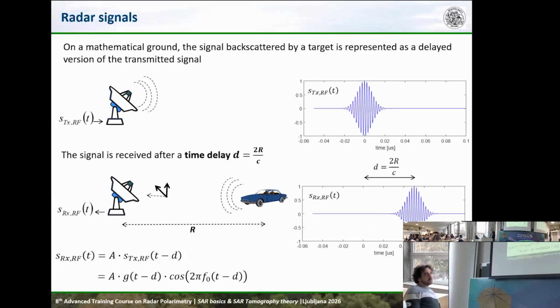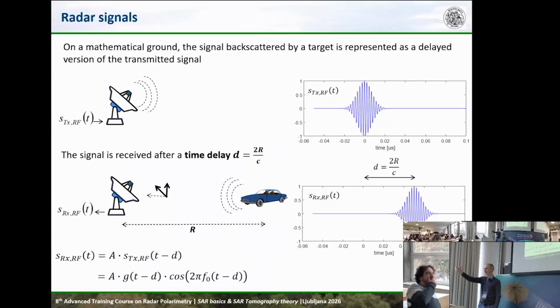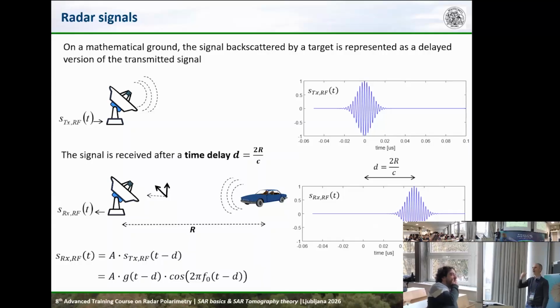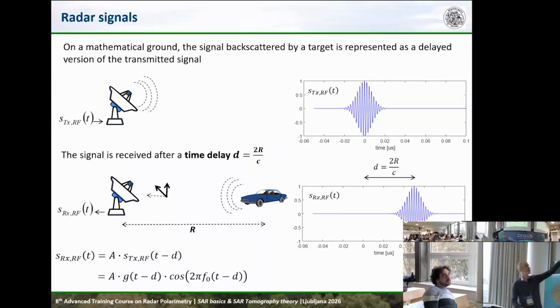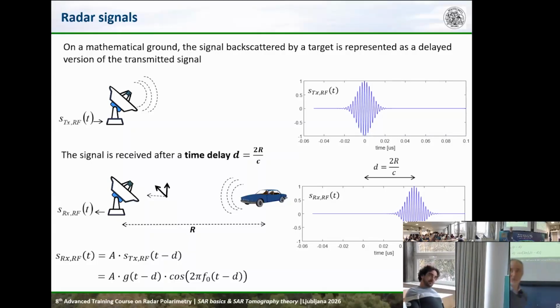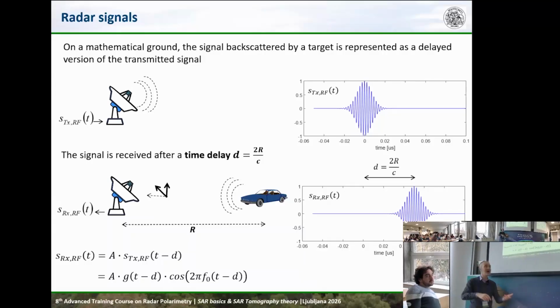And we say that on a mathematical ground, what happens is that the signal you send is delayed by twice the distance over c. So this is the signal that you transmit, this is the signal that you actually receive. You see that we are adding elements. In the previous slides, I was just drawing signals that were just going up and down.